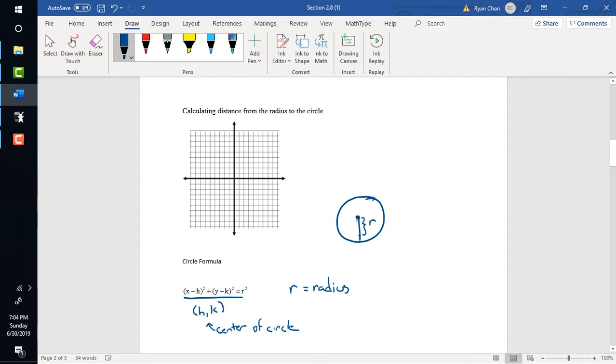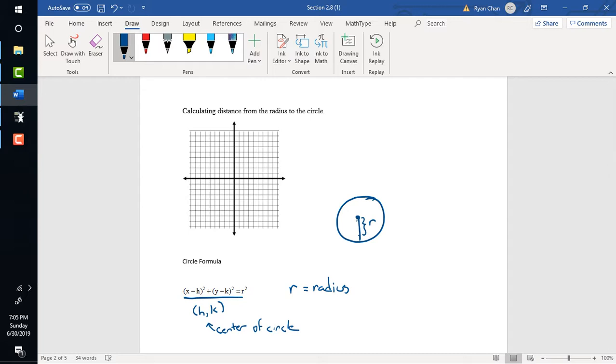And then it's in h, k. Okay? Now, the thing is, if you notice, the center of your circle is also opposite of what you think it is. Okay? And if you think about it, a way to help you remember is to think of transformations.